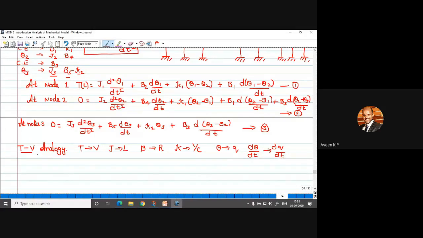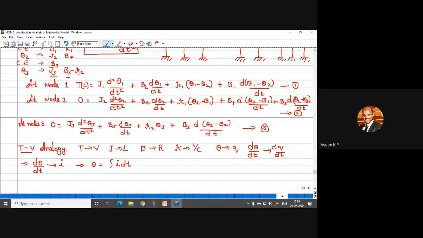The rate of change of charge with respect to time, we call it I. So the same d theta by dt, that is dq by dt, I will represent as I. And again, if I apply the integration, theta is equal to integration of I dt.